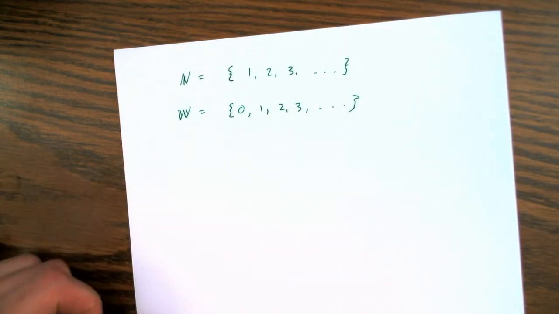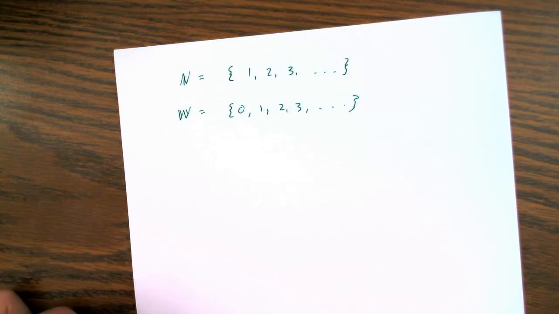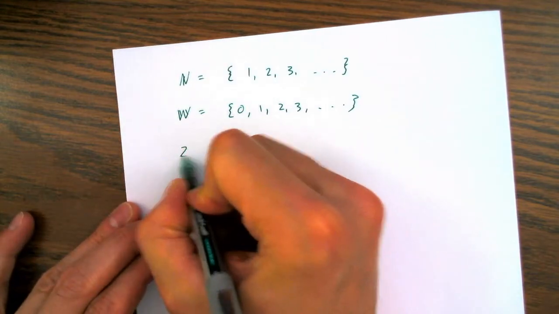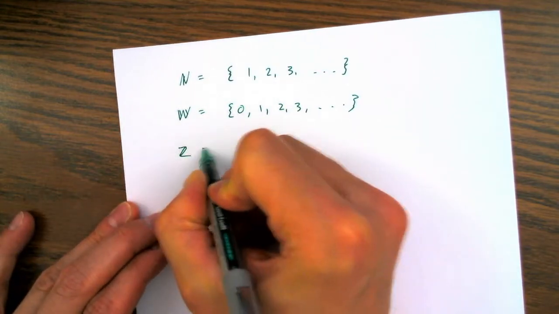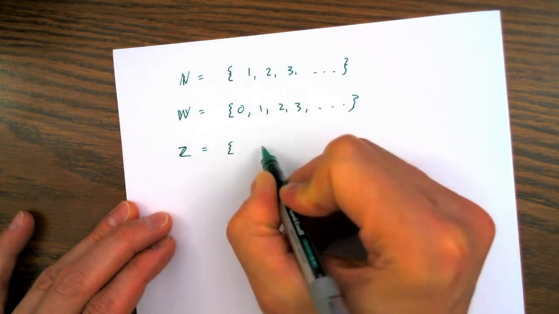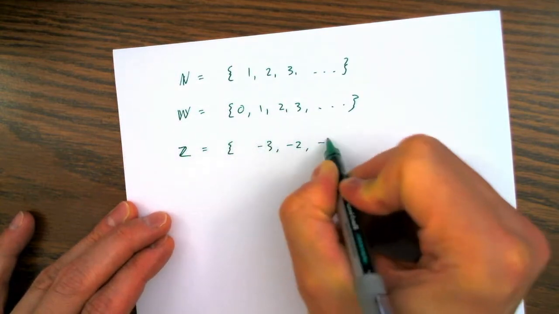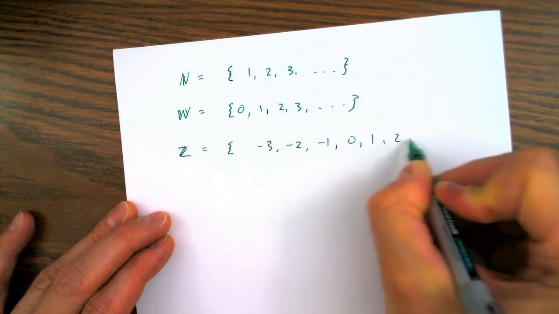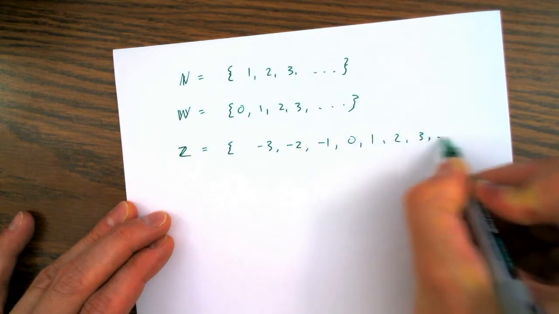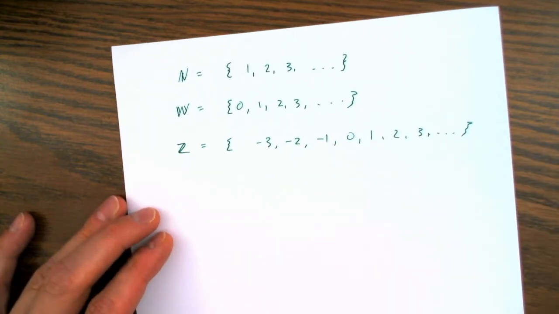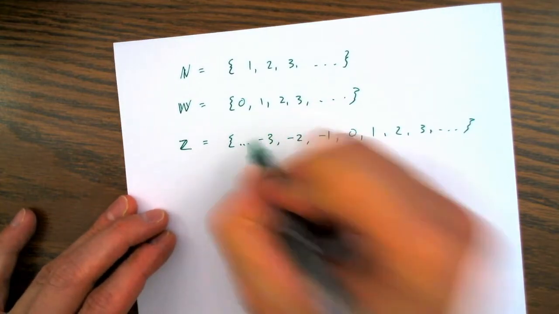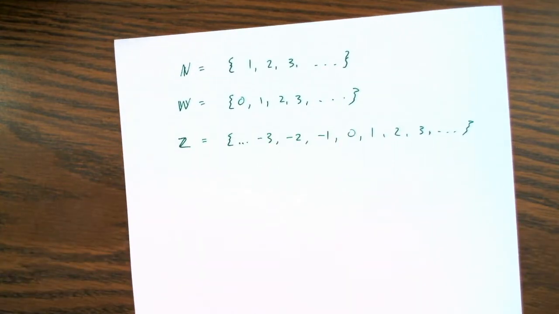It's the same set, it just includes 0. The set of integers, we might write it like this. And we put some dots there to show that the numbers continue in both directions. That is the set of integers.